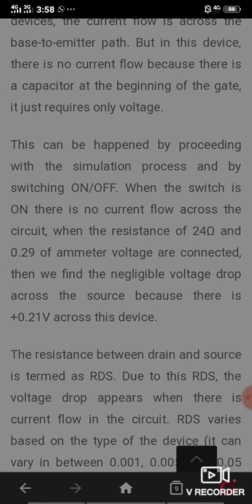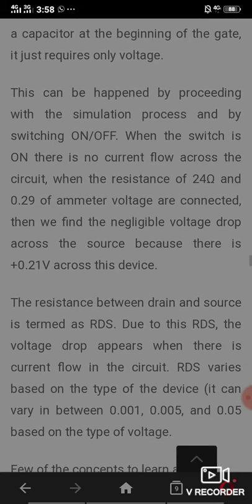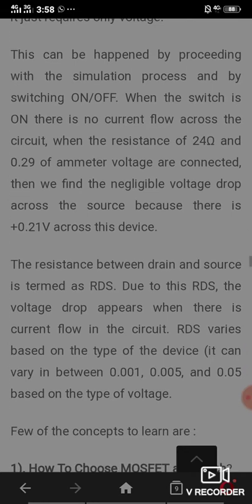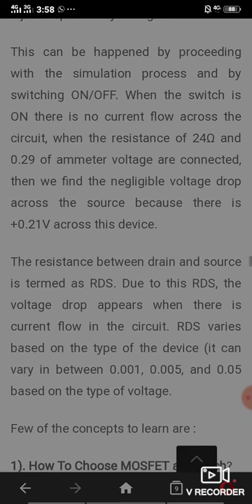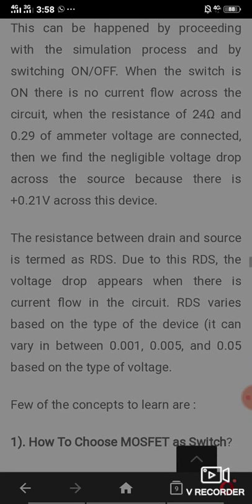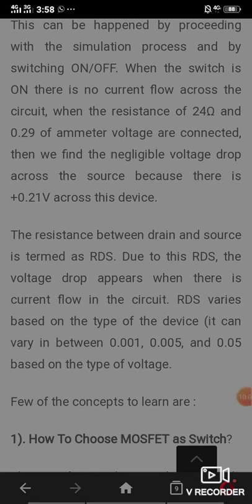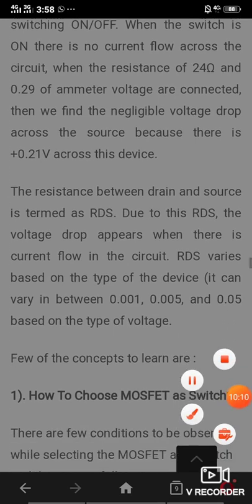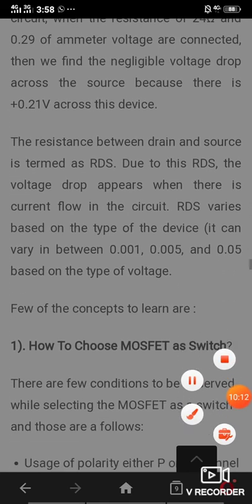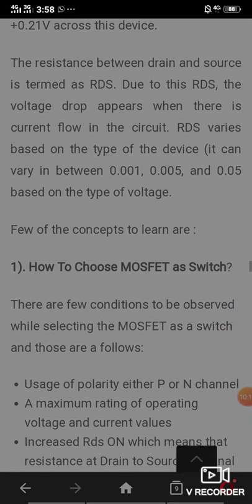The resistance between drain and source is termed RDS. Due to this RDS, a voltage drop appears when there is current flow in the circuit. RDS varies based on the type of device, and can vary between 0.001, 0.005 and 0.05 based on the type of voltage.